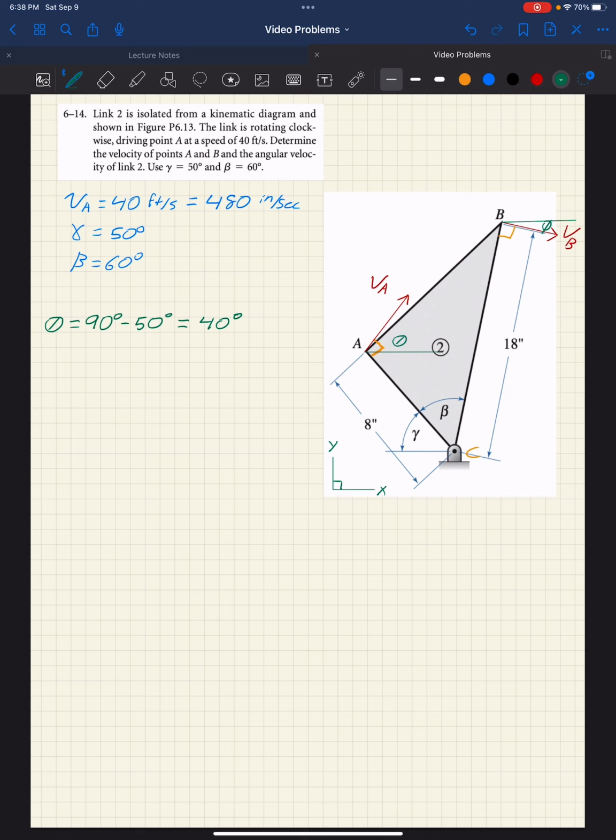Let's do the same kind of thing for phi. Based upon this length BC, BC is rotated gamma plus beta, or 50 plus 60 degrees. And then phi is 90 degrees off of that length BC. This gives us phi equal to 20 degrees.